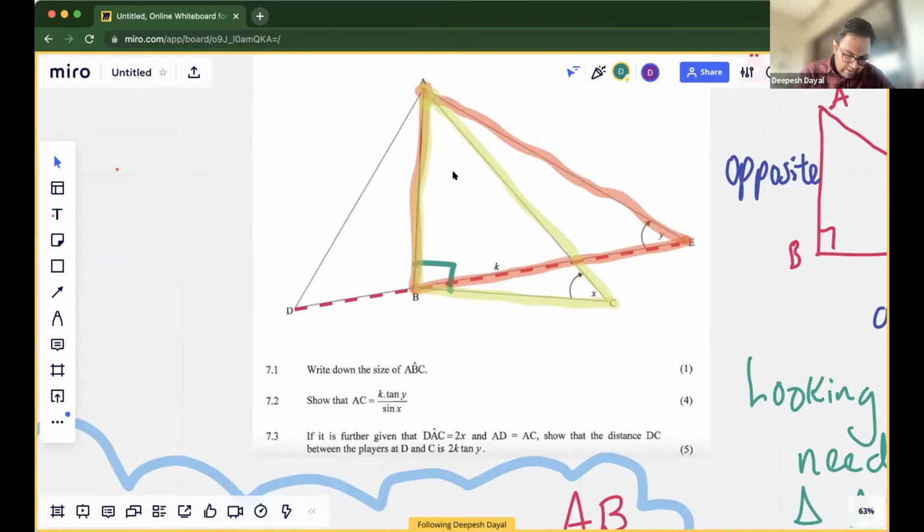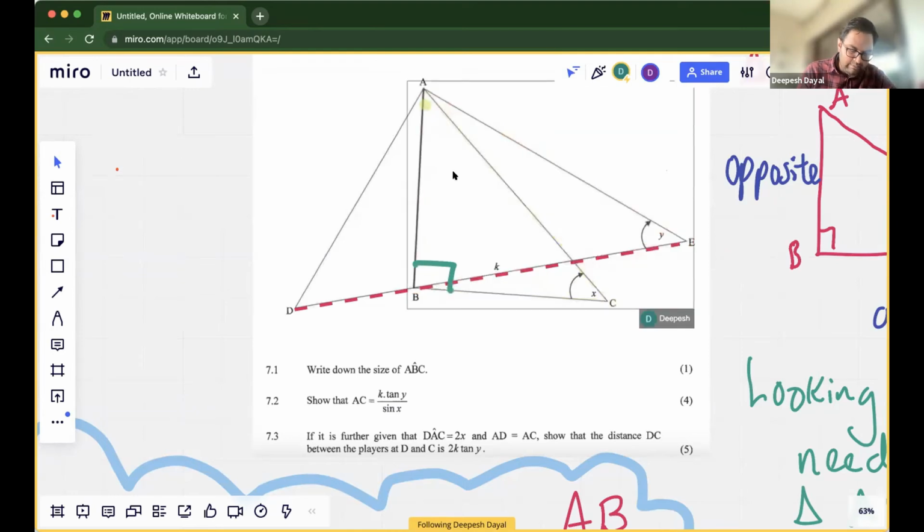It is further given that DAC equals 2x. I'm going to erase parts here because the diagram has got too much information.